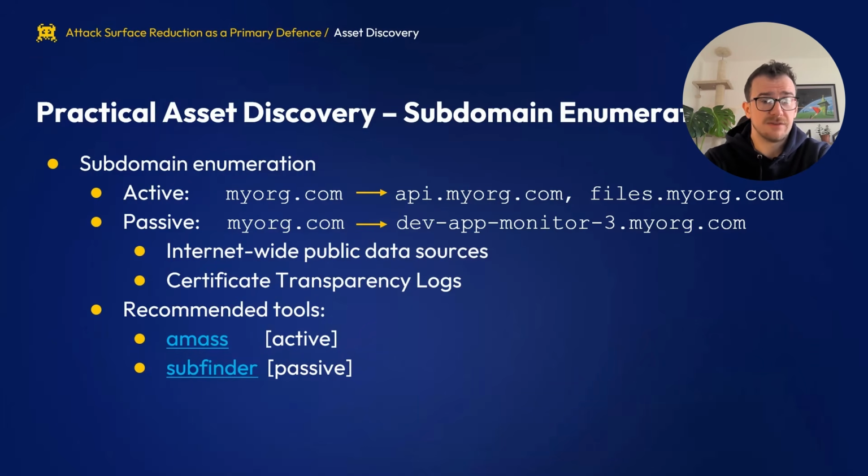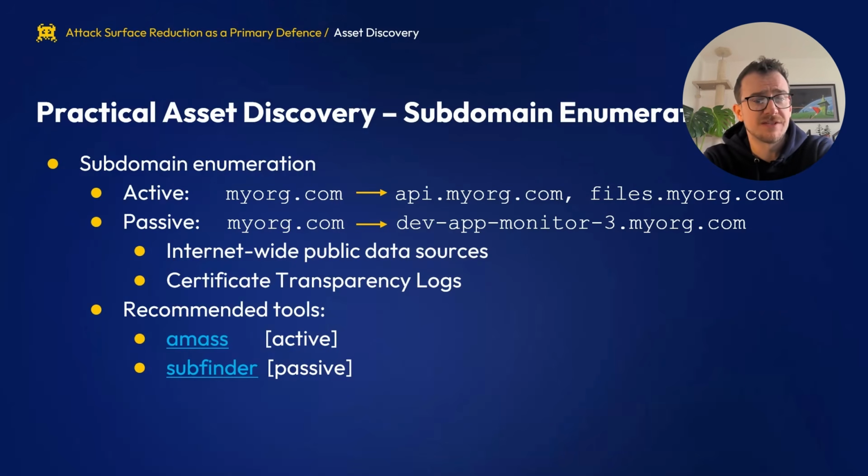So as those certificates get registered by developers in your organization, those certificates will get registered to the CT logs. And then we can use passive techniques to search through them and find those certificates. And that's how we discover certain subdomains like dev-app-monitor-3 that are more difficult to find. And it's a really useful source of information which attackers are using against us. So there's really no excuse for us to not be doing the same.